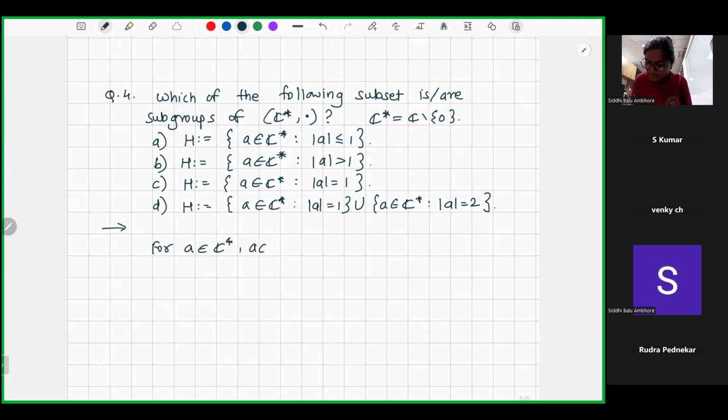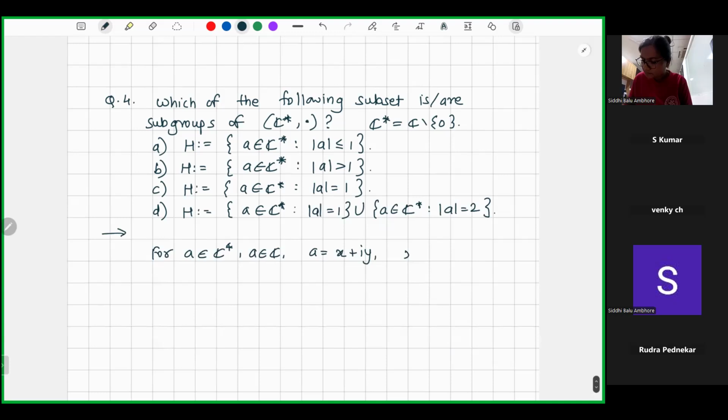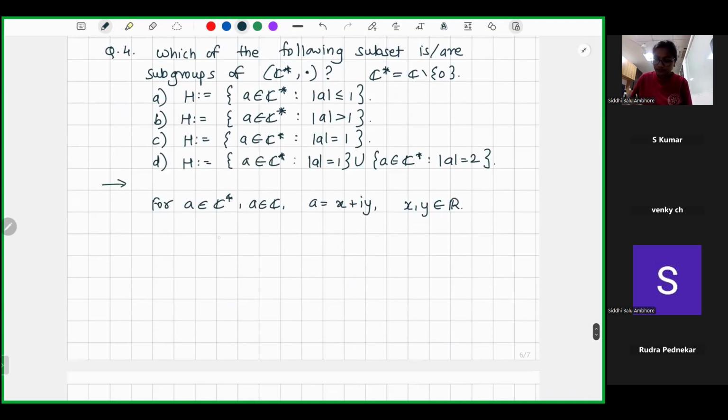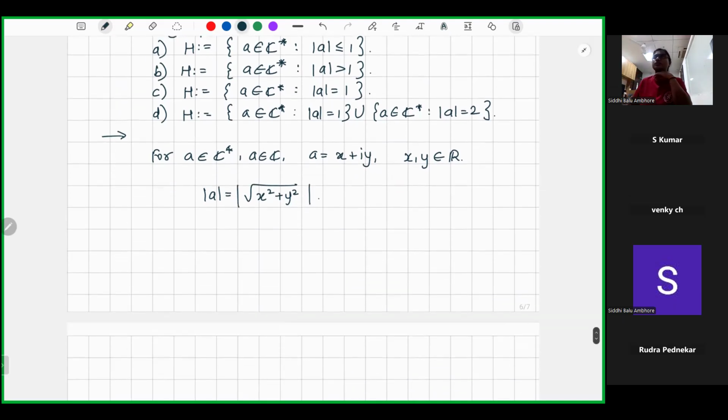So A in C star means A is also in C. So A is of the form x plus iy, where x and y are in R. So this modulus of A is the square root of x square plus y square. And we take the positive square root of x square plus y square. Is this okay? So this is the modulus which they are considering.